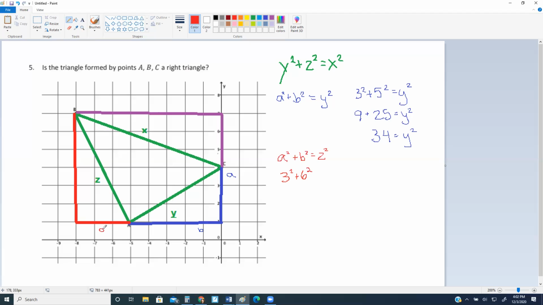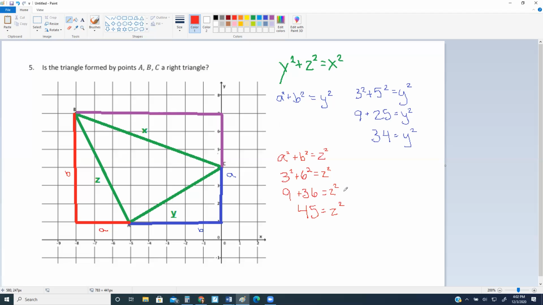So 3 squared is still 9, and 6 squared is 36. 9 plus 36 is 45. So 45 equals Z squared.